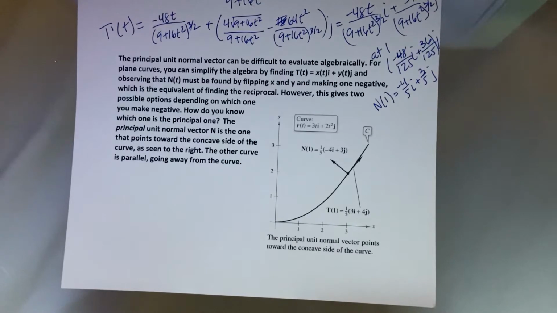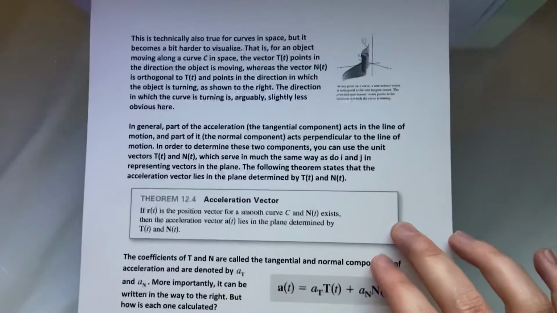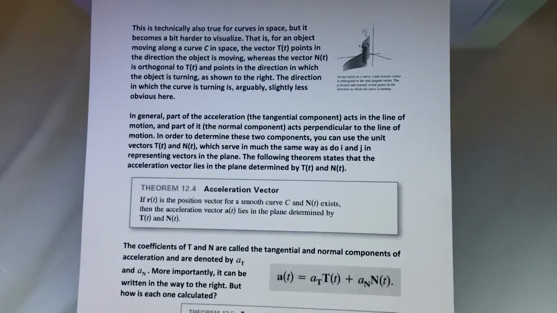If it's curving upward, it's the one going up. It's really the one going across the shape from the tangent line, essentially. In three dimensions, though, this is much harder to visualize. It's still the same truth, technically, but if you have a 3D shape curving around, it's hard to tell what's going towards the shape and what's going away from the shape, when there's infinitely many things doing it.